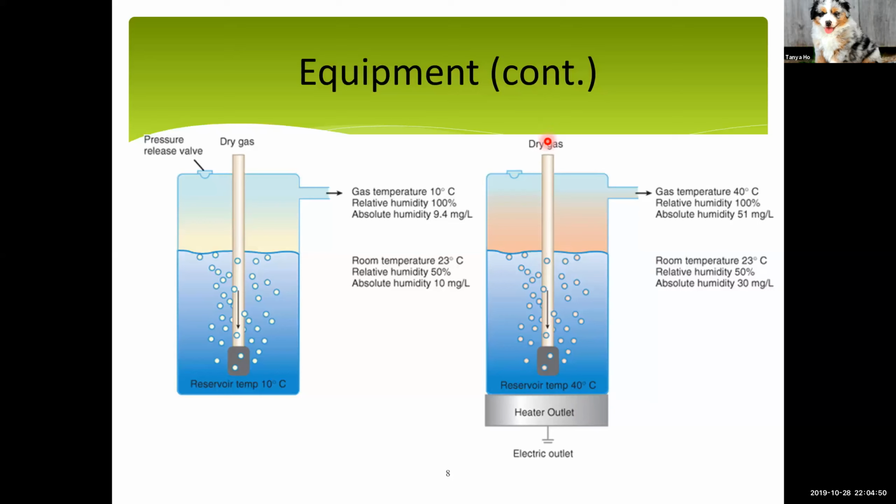The function is the same, whereas the gas comes down out through this little filter thing, and then the bubbles get produced and they float up through the water, pick up humidification because it's heated. And remember, increasing heat increases the amount of water vapor the gas can hold. Check out here, the gas temp is same, but your absolute humidity has gone from 9.4 up to 51, okay? So it's a lot more output from the humidifier when you add heat.